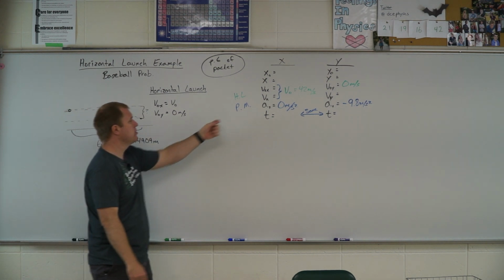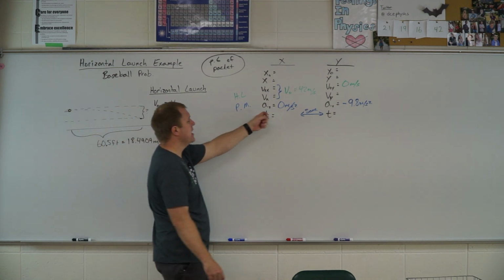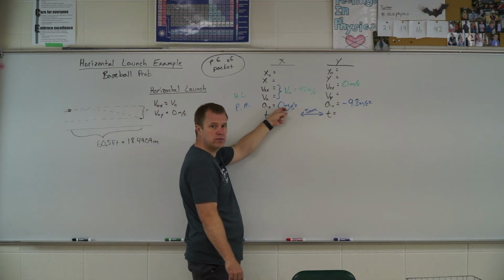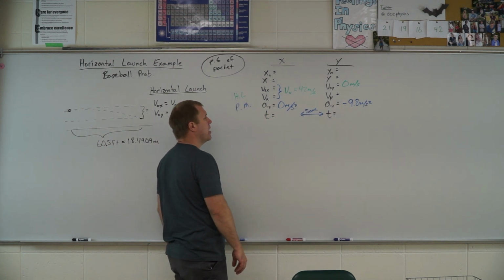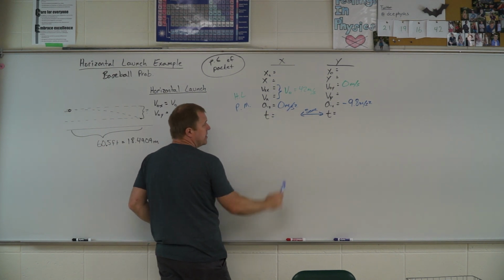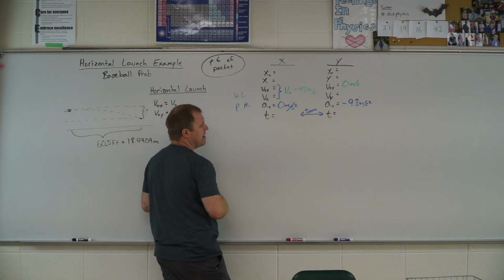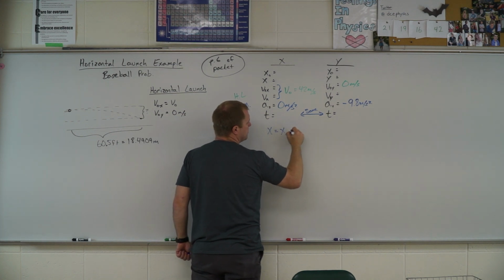So that means it's projectile motion. It's moving in the X, free fall in the Y. So I can say that my acceleration is 0 in the X direction, negative 9.8 meters per second squared in the Y direction. Whenever I have an acceleration of 0, I automatically know the initial and final velocities are the same. I also know that I'm going to be using equation number 2.